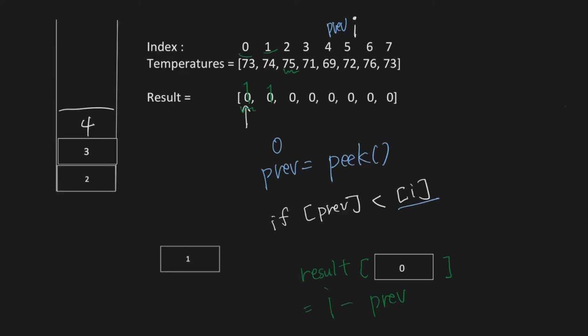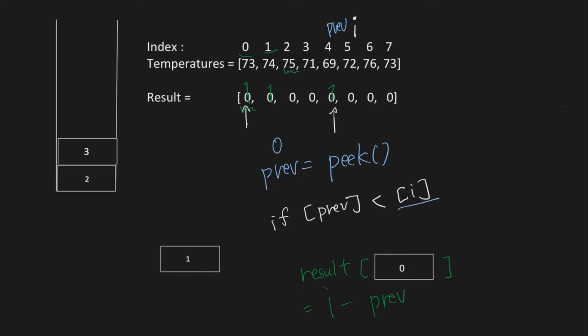For the next operation, we found current index I that is the number is bigger than the number at the previous index. So in that case, we're going to pop, and that will be the index to update, index 4. And the result would be I minus previous index, in this case 1.